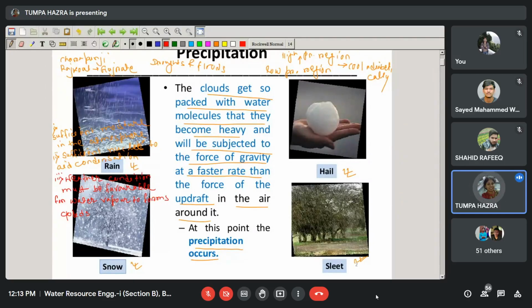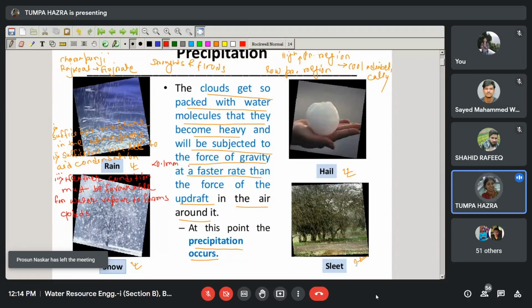And finally, whenever water droplets form on the nuclei, they are of size less than 0.1 millimeter. Therefore it will float on the upper surface of the atmosphere as mist.